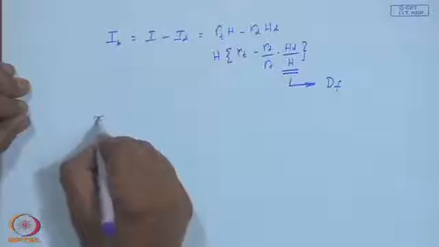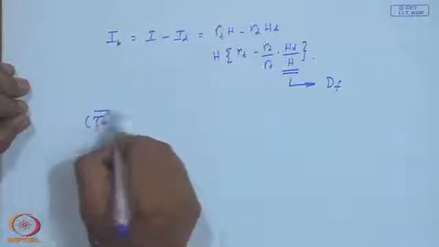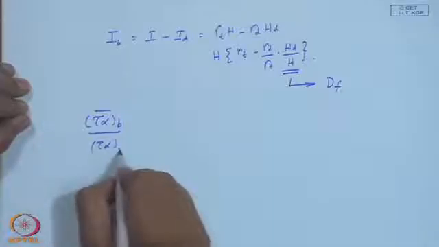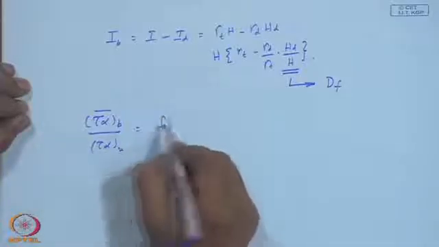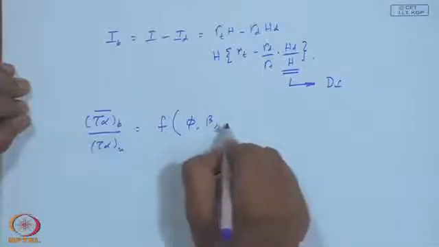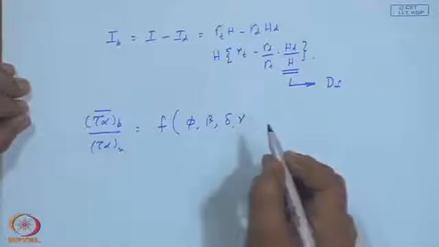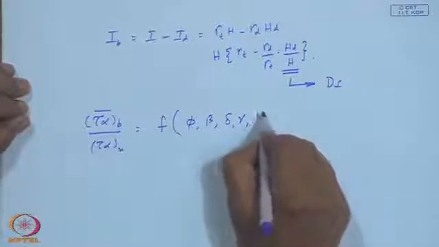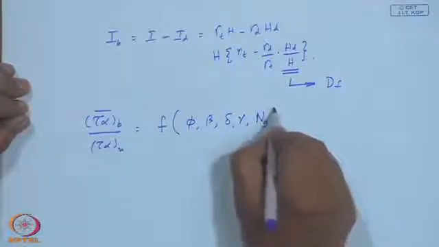So, I can expect in general tau alpha bar b upon tau alpha normal a function of phi, of course, beta, delta, gamma and n g.